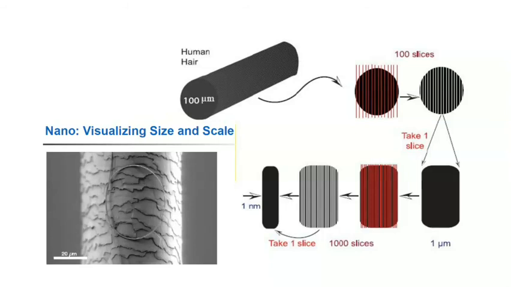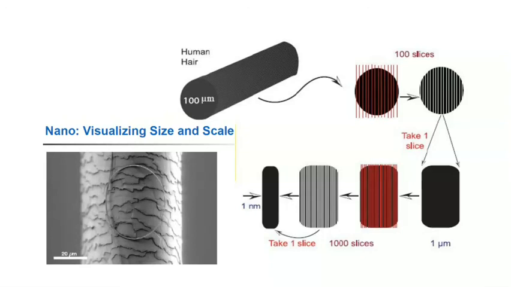For our simplicity, let's imagine on average the diameter of a human hair is 100 micrometer, and if we make 100 slices vertically, then the human hair gets divided into 100 slices.